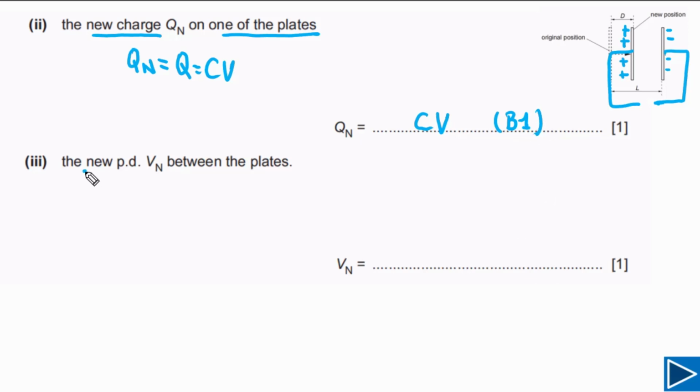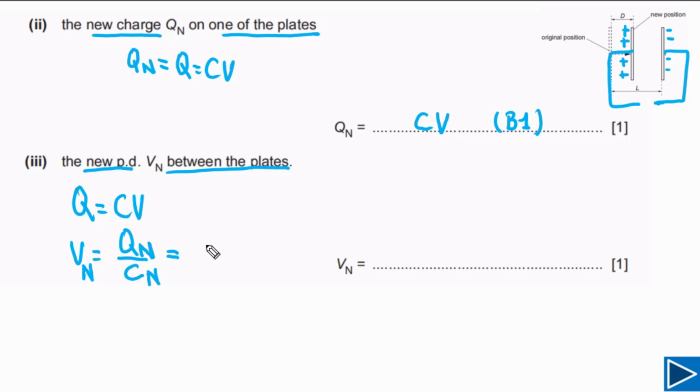For the next part, the question is asking us to calculate the new PD between the plates, meaning the new value of V. We can simply start from Q is equal to CV. If we rearrange, we can write V is equal to Q over C. We need the new value of PD, so we have to use the new value of charge on the plates and the new value of capacitance.